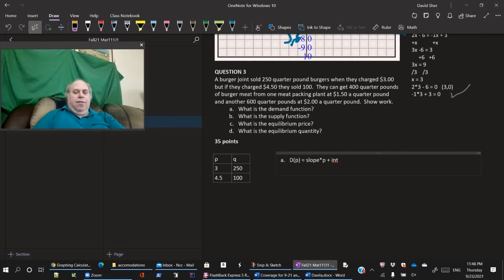To get that, the first thing I'm going to do is work out the slope. I'm going to take Q2 minus Q1, exactly the same math we were just doing, divided by the independent variable, P2 minus P1.